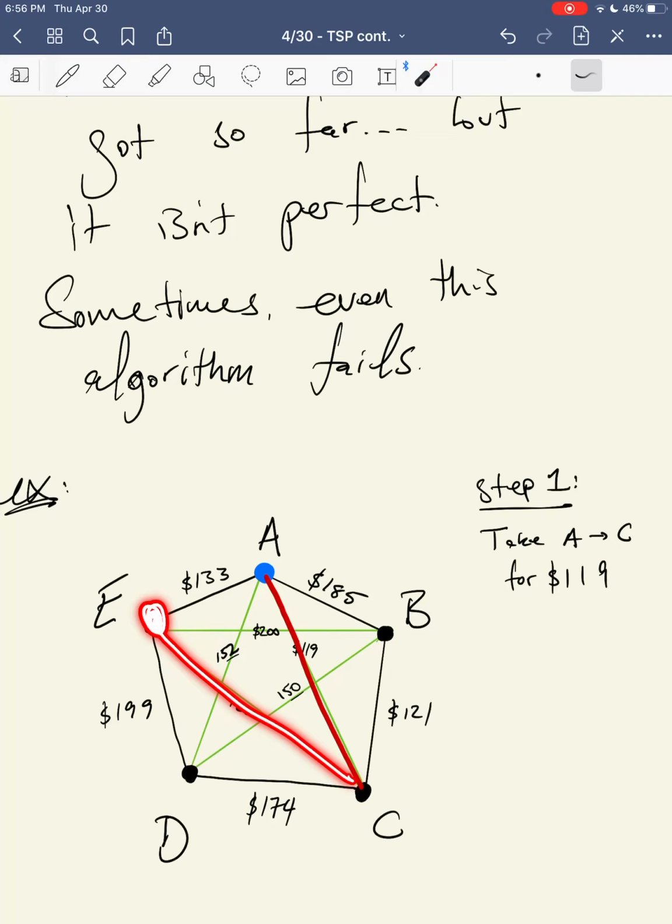So no is the answer, because I just look at the red edges, and in the red edges there are no circuits, and every vertex has either degree 1, like this one, or degree 2, like this one. Okay, so I will take this edge from C to E next.